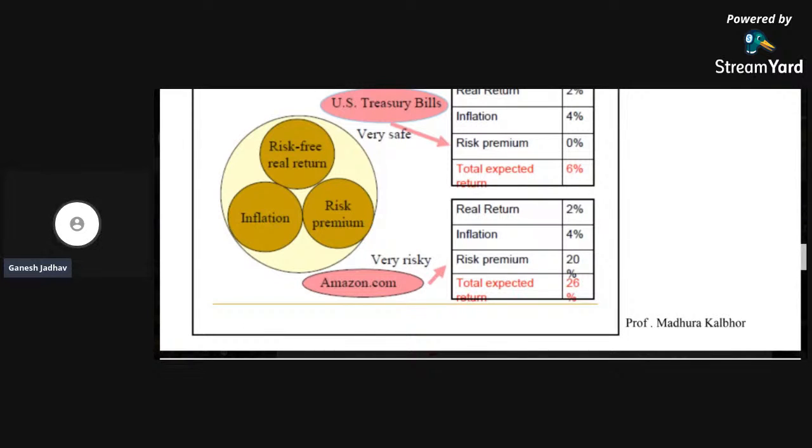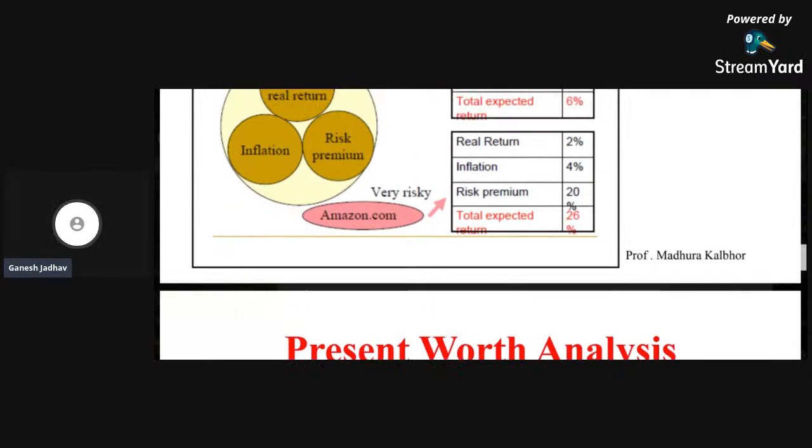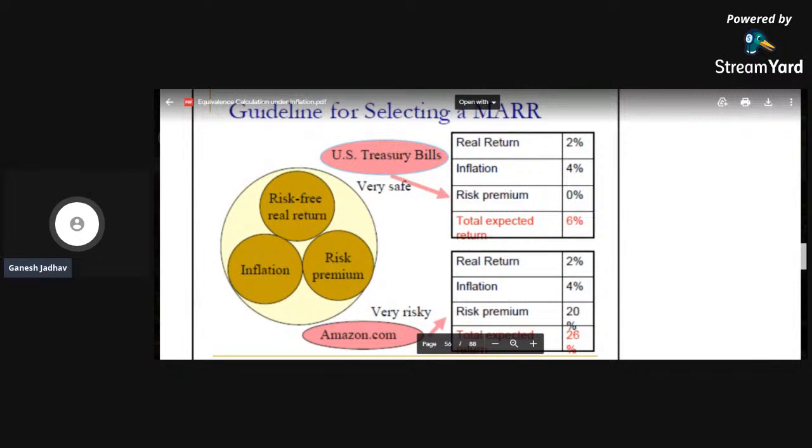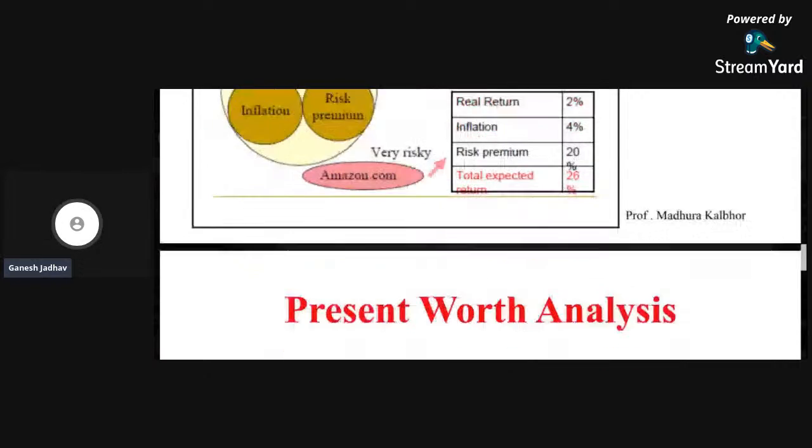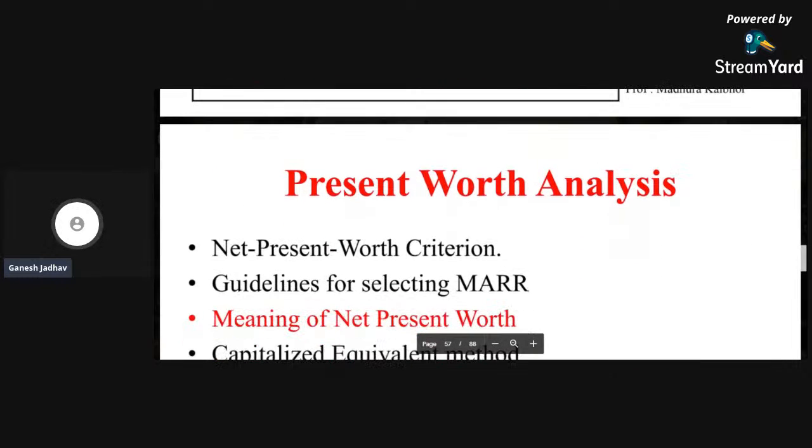As per experience, this is the risky return whenever we invest money in a project like Amazon.com. So we require an expected return that is more than the US Treasury bill. That is the minimum attractive rate of return, and this is the guideline for selecting it.